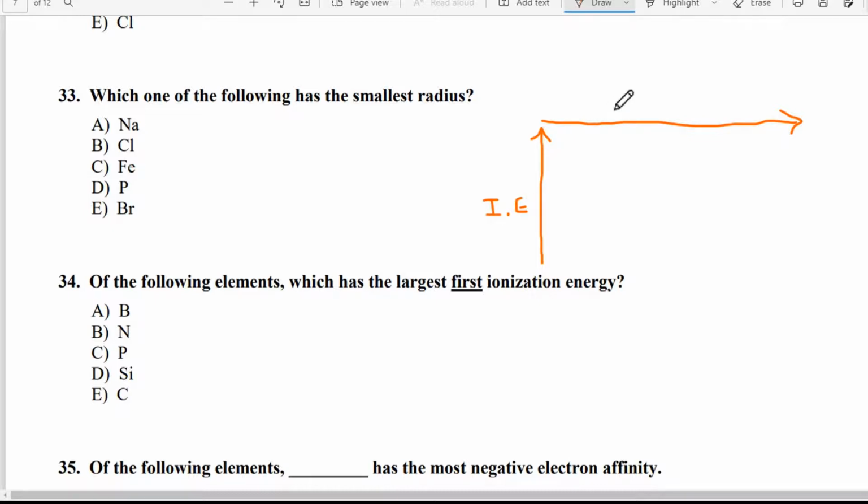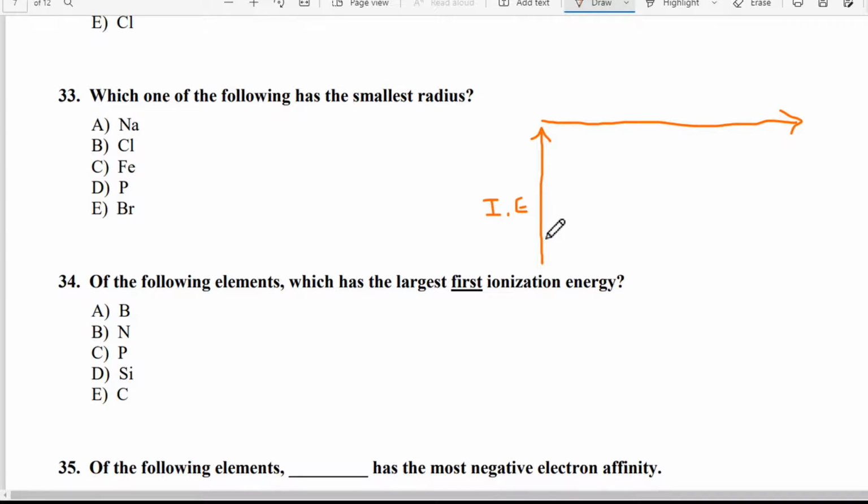It's the case because as you go down, the size of the atom gets bigger, right? And so I'm going to take an example from football because I love football. Where is it going to be easier to take away a football from a running back? If he's got it close to him like this, or if he's going like this?